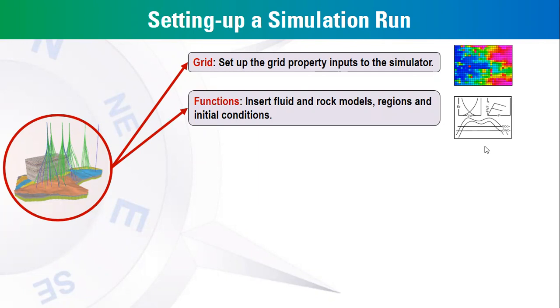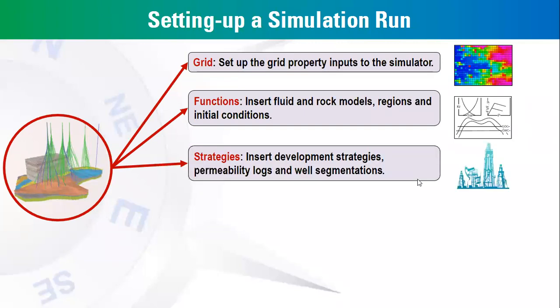Next are the functions. Functions in a simulation mean the fluid functions or fluid parameters and scale parameters. As you can see, we have the PVT parameters against pressure and scale parameters against water saturation. For initial conditions, we have to define fluid contacts, the oil-water contact and gas-oil contact.